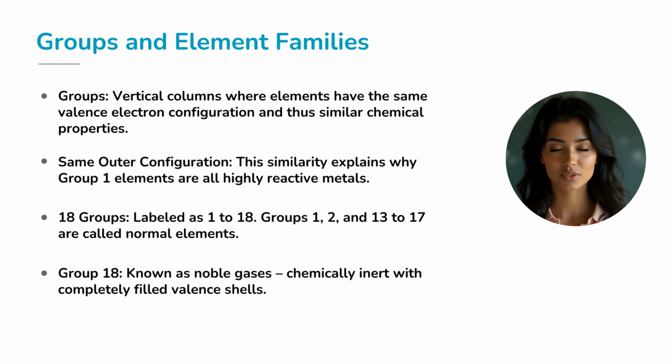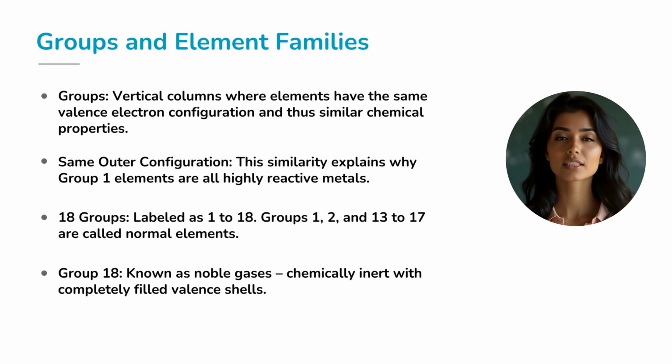There are 18 groups in total. Groups 1 and 2 and groups 13 to 17 are called normal elements. These are your typical metals and nonmetals with predictable properties. Group 18 contains the noble gases like helium and neon, which are inert, meaning they don't react easily because their outer shells are full.